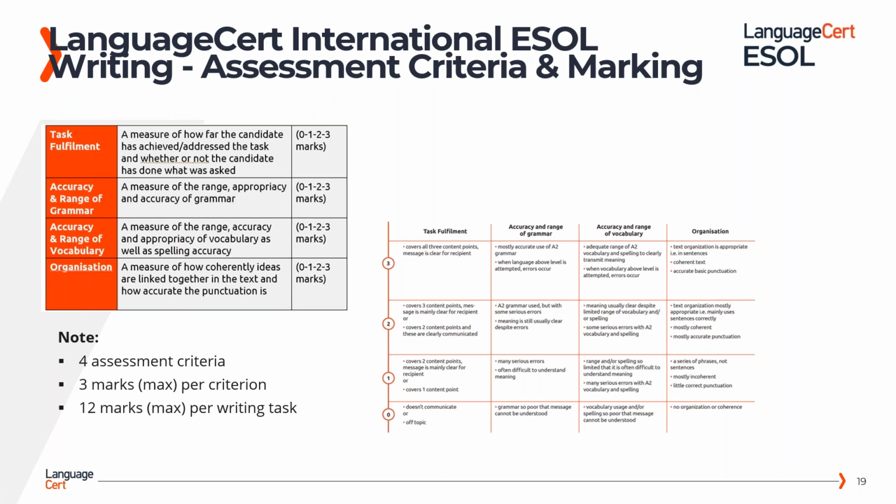The second criterion, accuracy and range of grammar, a measure of the range, appropriacy, and accuracy of grammar. The third criterion, accuracy and range of vocabulary, a measure of the range, accuracy, and appropriacy of vocabulary as well as spelling accuracy.